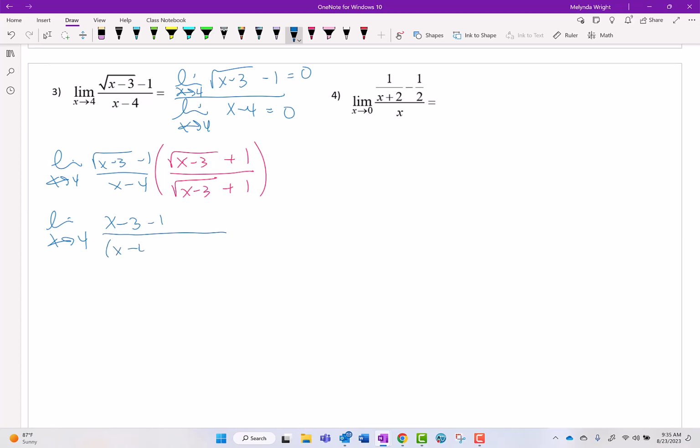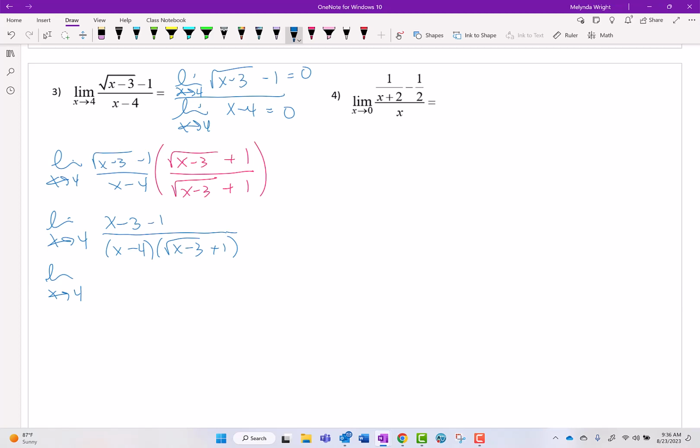Now, I'm just going to tell you, some of my students love foiling. Do not FOIL out the non-conjugate piece. Do not do that, because if you do, you're going to miss the surprise. There's a surprise waiting, a great surprise. Don't do it. I know you're tempted. Don't do it. Leave it alone. So now let's do some simplifying.